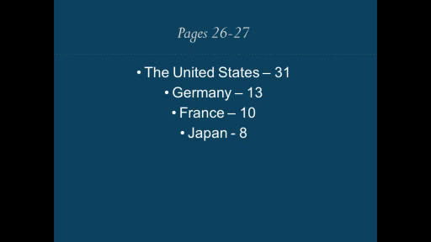And Japan has 8. So these are some of the top countries in the world that have those Fortune 100 companies. And clearly the United States has quite a few of them, almost a third of the top 100 companies in the world. That's pretty darn impressive. That's pretty good.